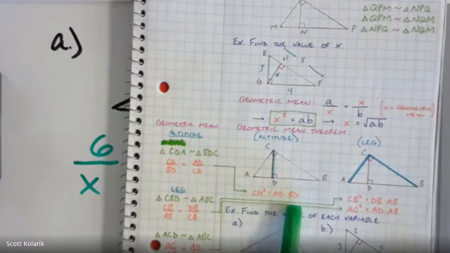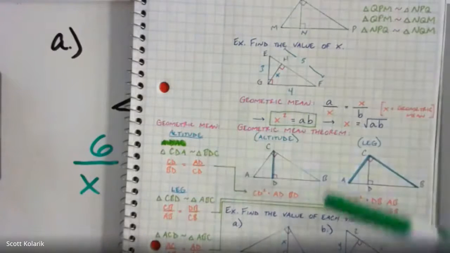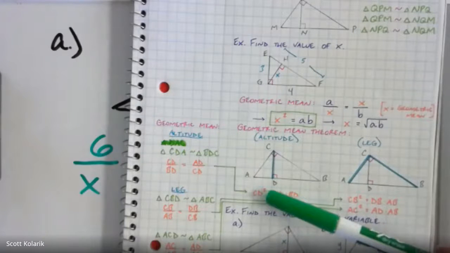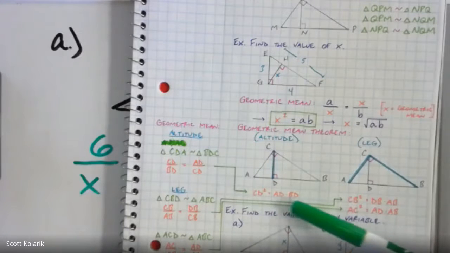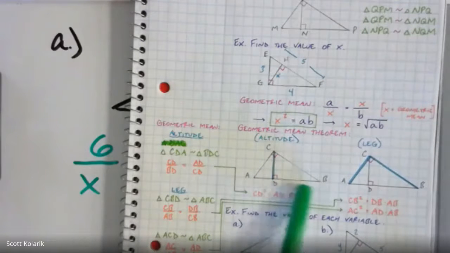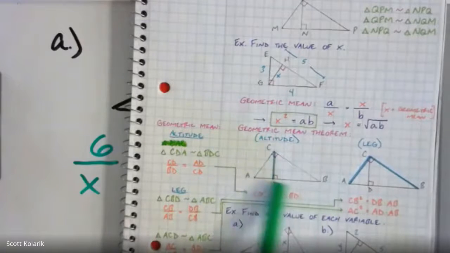And so what this says here is that I'm going to take that altitude in this diagram right here, it's CD. So I'm going to take this CD and I'm going to square it. I'm going to set that equal to the product of these two pieces. This piece right here and this piece right here being the two pieces that make up the full hypotenuse.